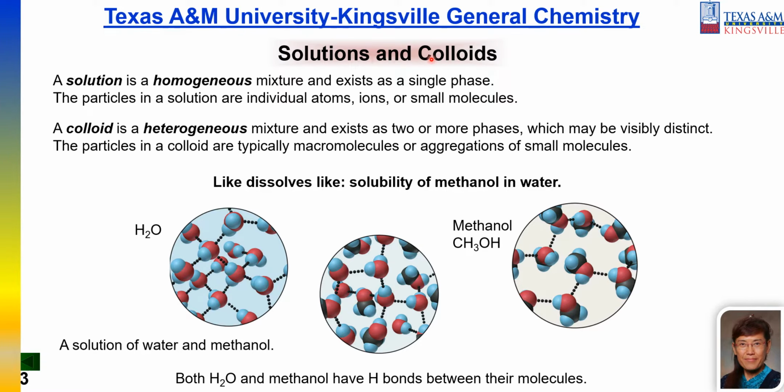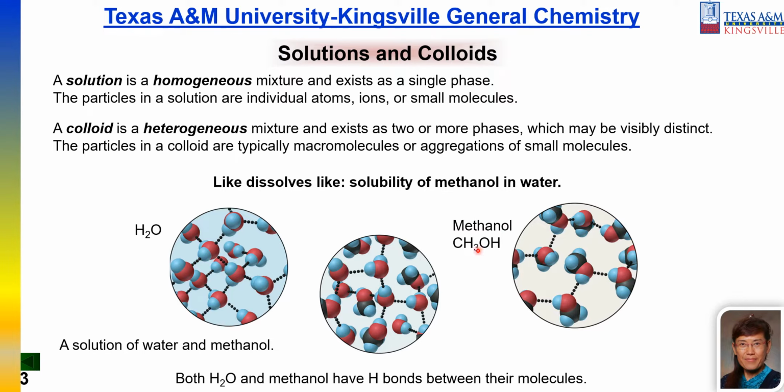Regarding solutions, you want to determine whether a solute is going to dissolve in a solvent. For example, if you have methanol, CH3OH, and you have water, whether these 2 molecules can dissolve in each other or not. How do you know? First of all, let's define the 2 components. Your methanol is your solute.